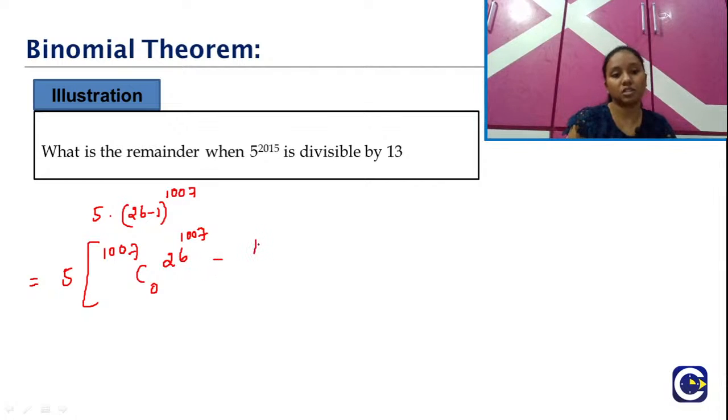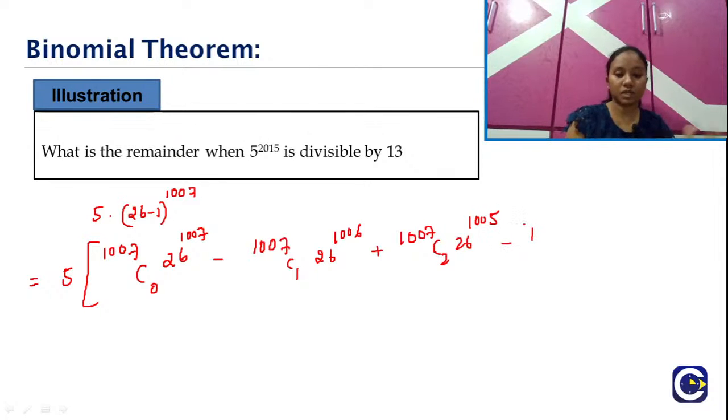Now it will be minus 1007 C1 26 power 1006, and then plus 1007 C2 26 power 1005, minus, and so on, plus minus going on. At last it will be a minus, because 1007 is an odd number: 1007 C1007 26 power 0, and this 1 power 1007, so that's why it will be minus here.